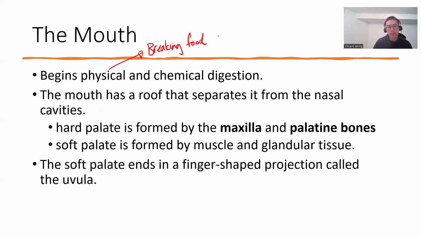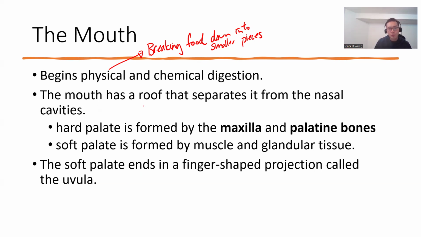Like eating a carrot. Take a bite and then you keep on chewing it and it becomes smaller pieces. It's still carrot in the end. You're not changing it. Chemical digestion is when you actually do a reaction. Okay? You will break down some of the carbohydrates, as you will see, and convert it into glucose.